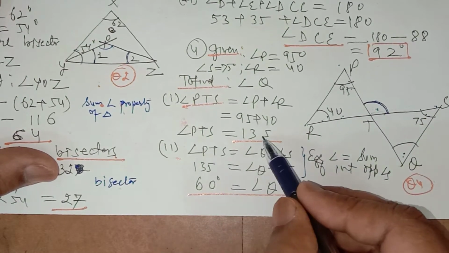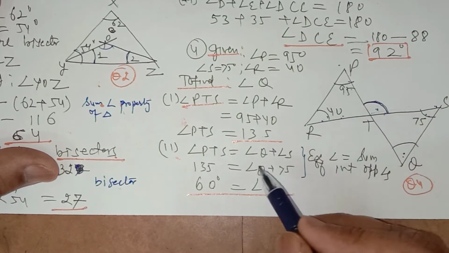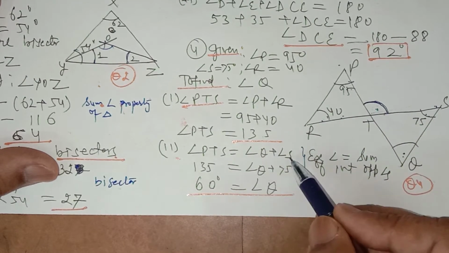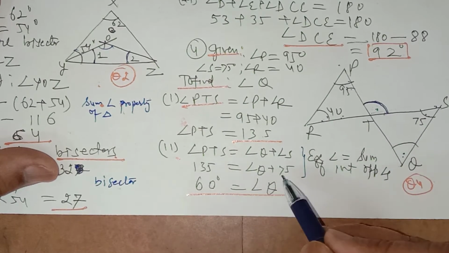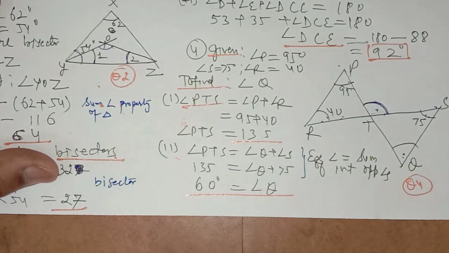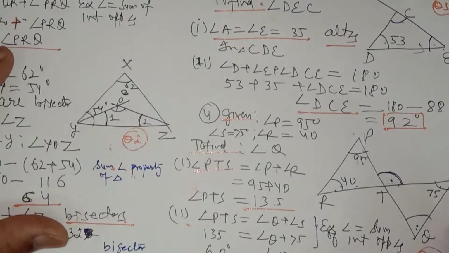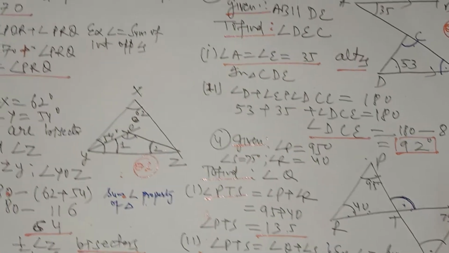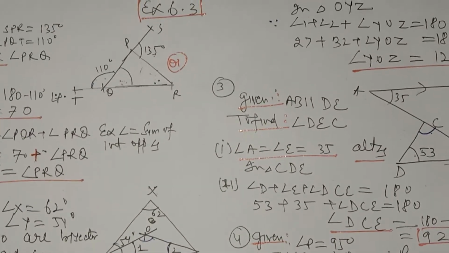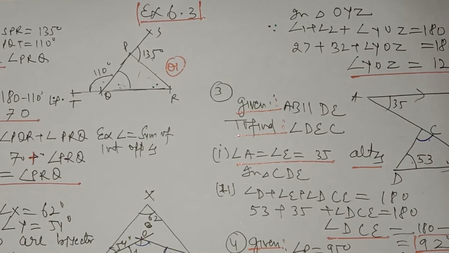We have already found this angle PTS, that is 125. You have to find the angle Q, and angle S is given as 75. So you can easily find angle Q. This 135 minus 75 is equal to 60. So this is question number 4 of this exercise 6.3 we are discussing.